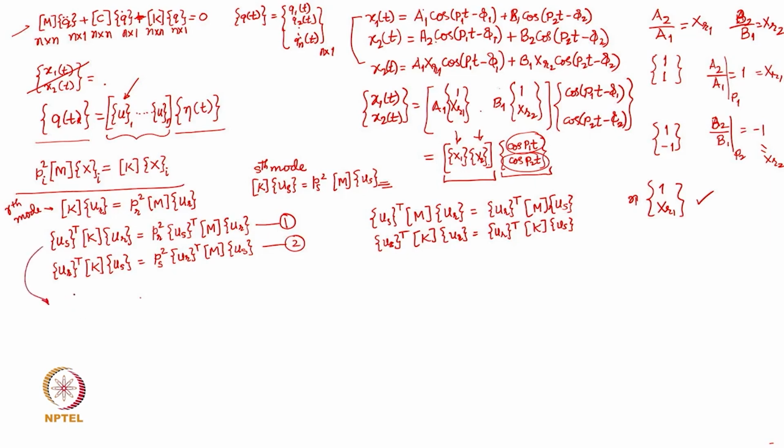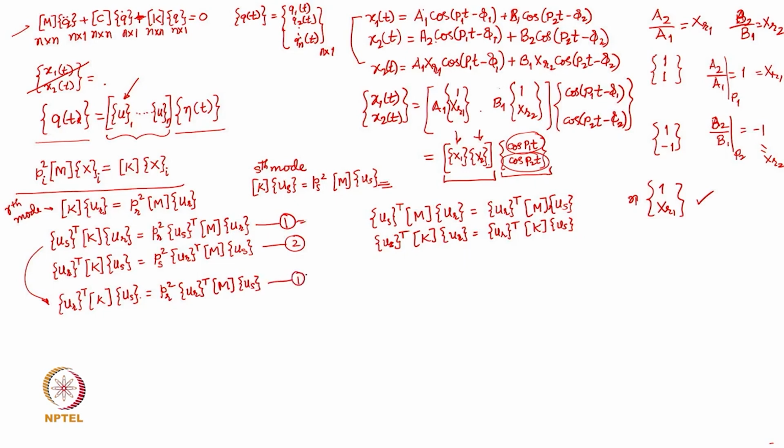Now, we make use of this in rewriting these two equations. So, I am going to write this equation as ur transpose K us is equal to pr square, invoking that relation that I have written here. Okay.